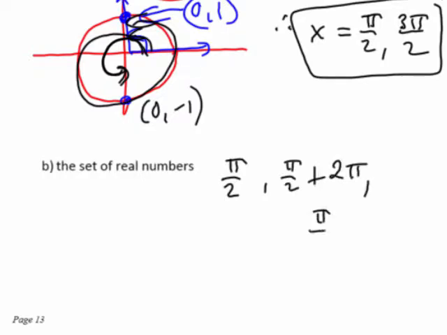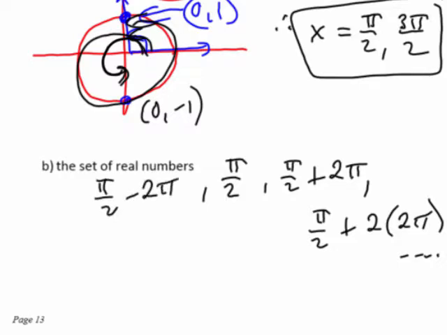And then we have pi over 2 plus 2 times 2 pi, etc. And before that we have pi over 2 minus 2 pi, etc. And similarly with 3 pi over 2. So that would be all the angles, because they would go on endlessly in either direction in that pattern, that we need to list in terms of giving a solution for all real numbers.